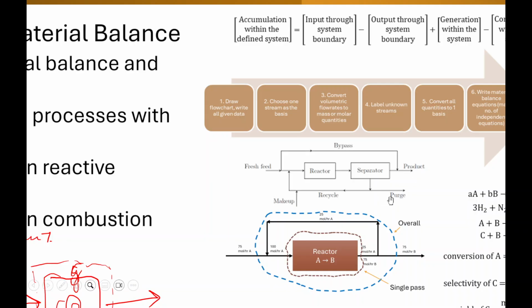Then another thing is purge. There may be some inerts in your feed itself, but you don't want the accumulation of those inerts. So you take out some stream from whatever is going into the recycle, so that there is no accumulation of the inerts.